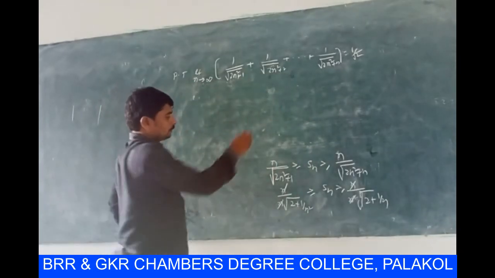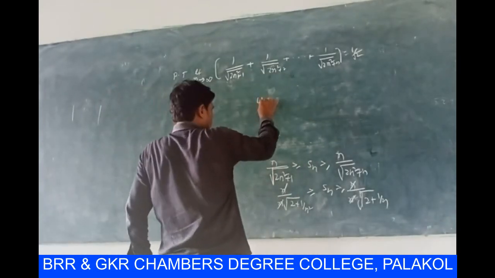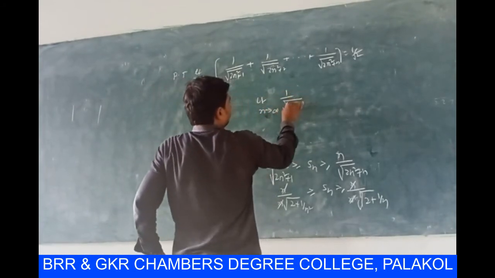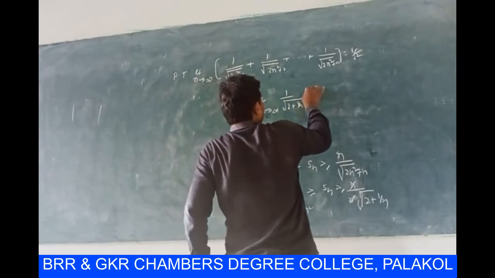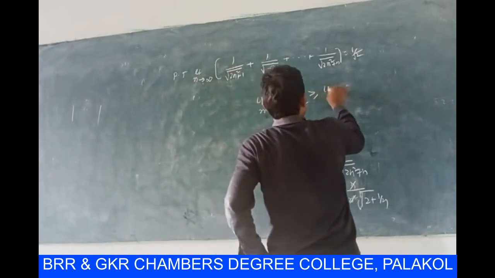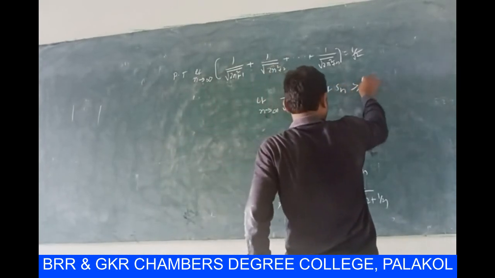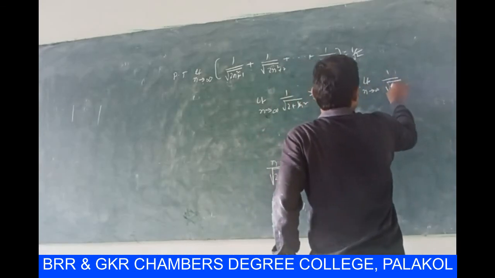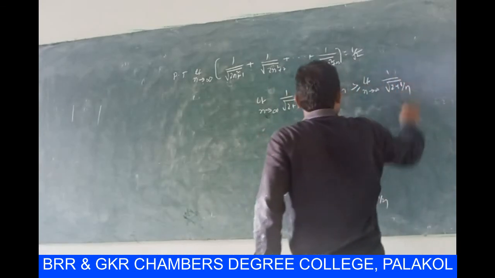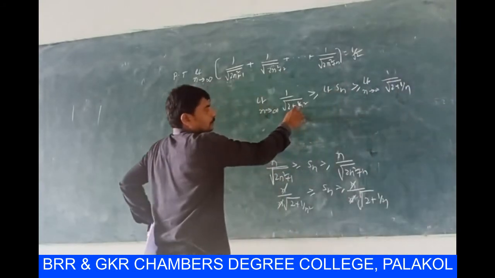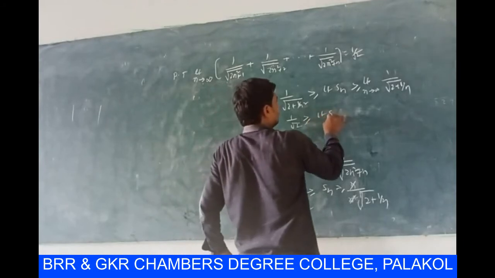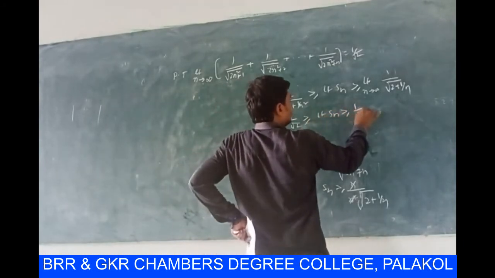So apply the limit on the relation. Limit n tends to infinity 1 by root of 2 plus 1 by n square is greater than or equal to limit Sn is greater than or equal to limit n tends to infinity 1 by root of 2 plus 1 by n. This value is 0. We have 1 by root 2 greater than or equal to limit Sn greater than or equal to 1 by root 2.